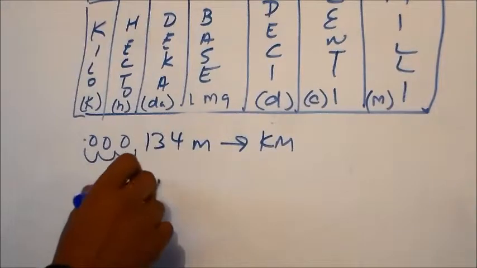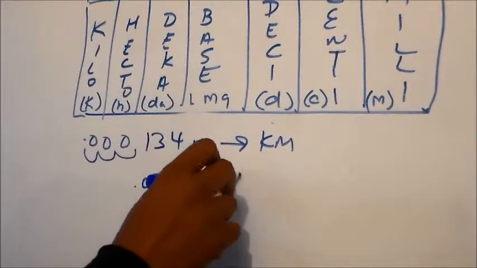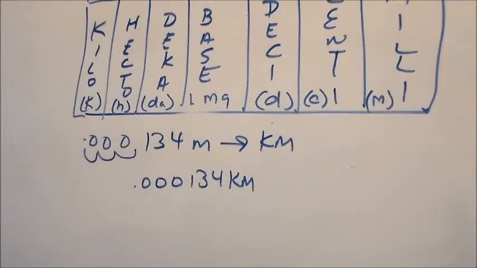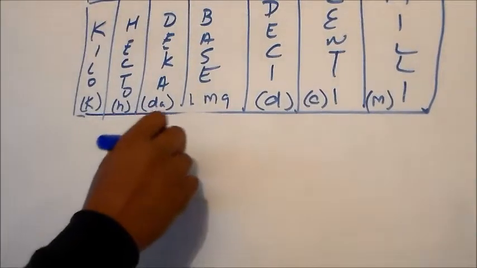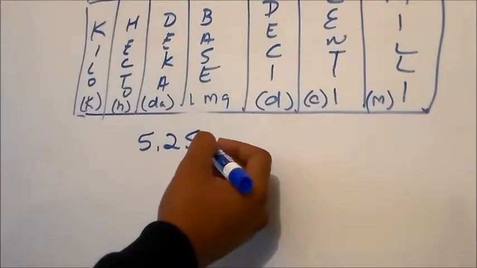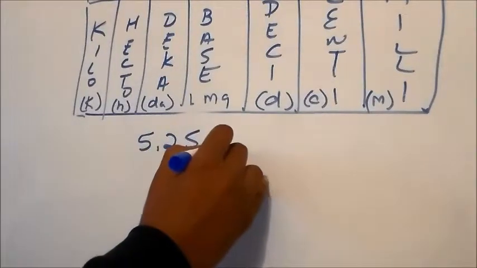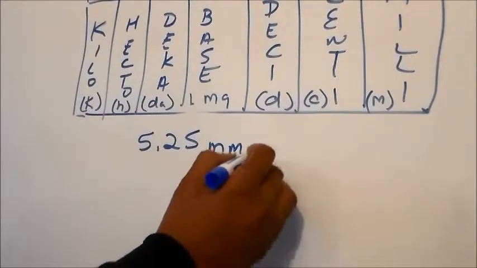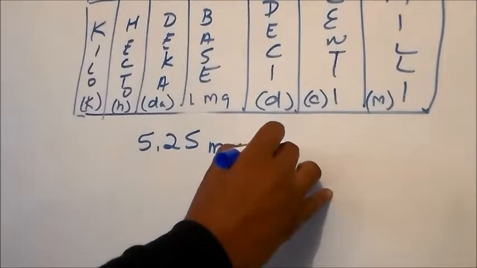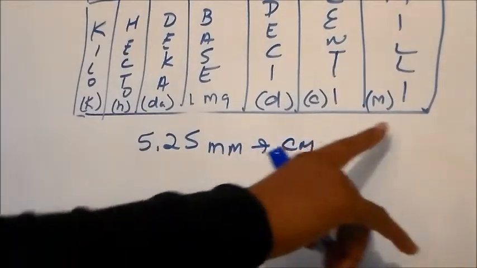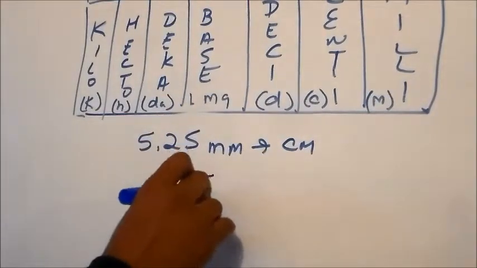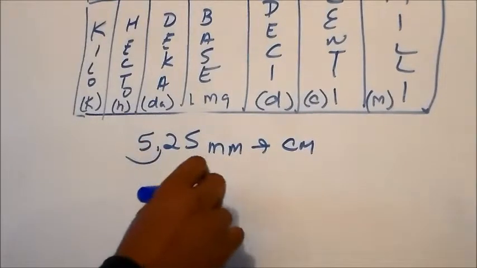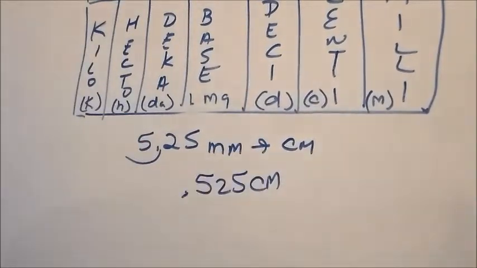So the answer becomes 0.0000134 kilometers. Then .25 millimeters. We're going to change to centimeters. Millimeters to centimeters, we only need to move over 1 decimal spot. So our answer is 0.025 centimeters.